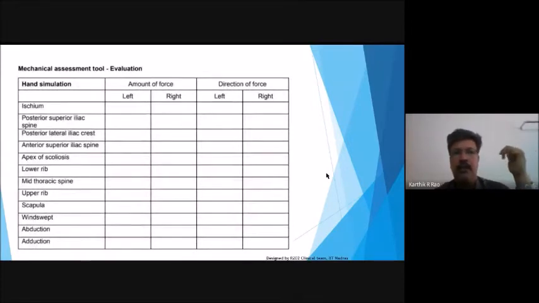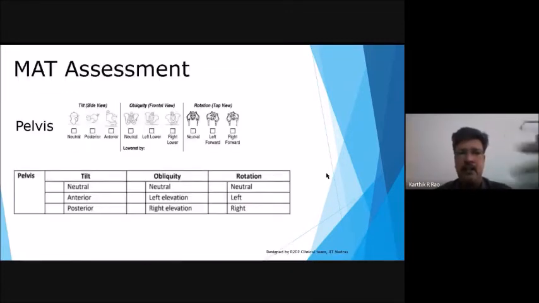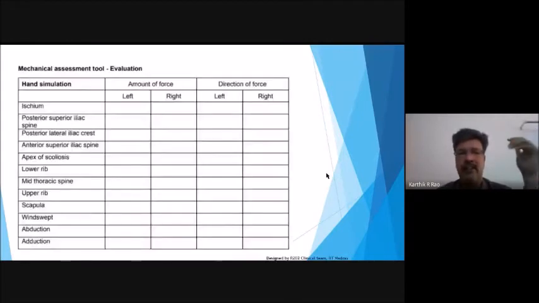And then we look at the mechanical assessment tool. The mechanical assessment tool essentially is a guide which tells us, when we observed in the mat assessment that there are some issues with the tilt or the obliquity, how much is that. We're trying to quantify it, saying how much this is affecting the person and how much of it is correctable.